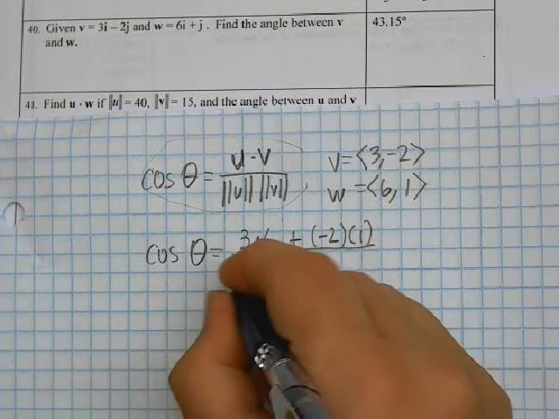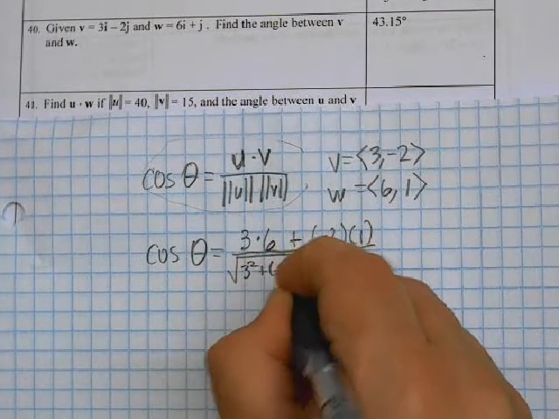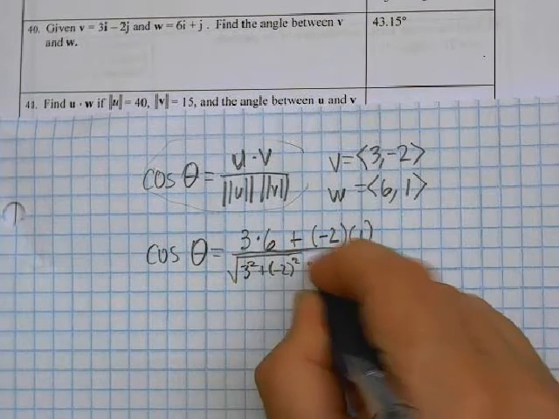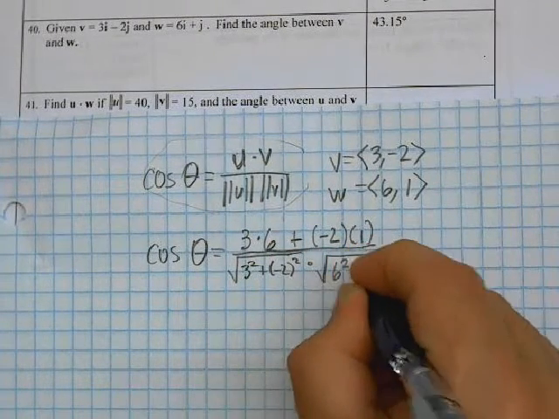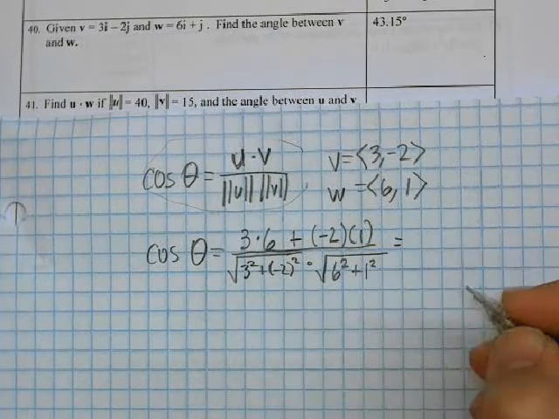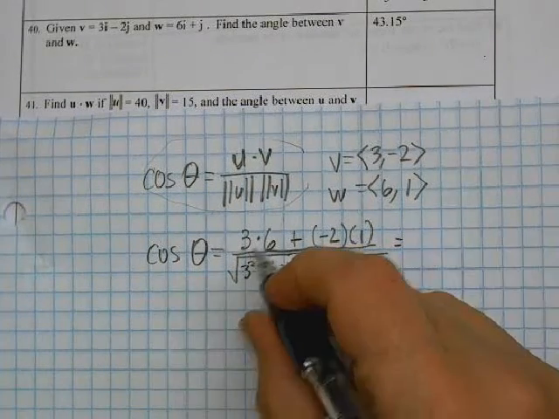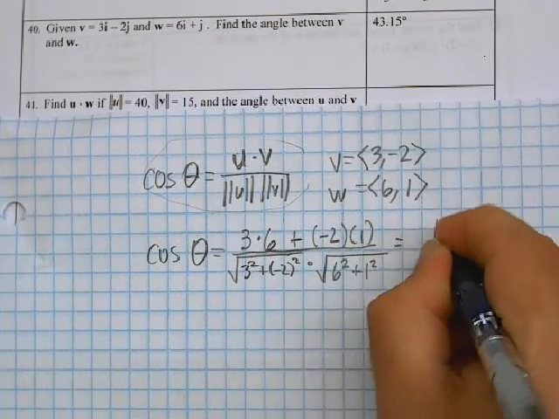Okay, for the magnitude of u, it's the square root of 3 squared plus negative 2 squared. And for w, the square root of 6 squared plus 1 squared. So simplify. 18 plus negative 2 is 16.